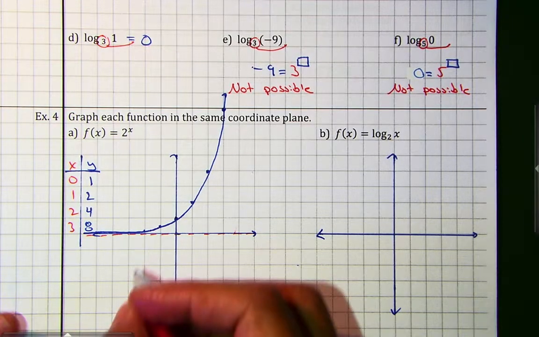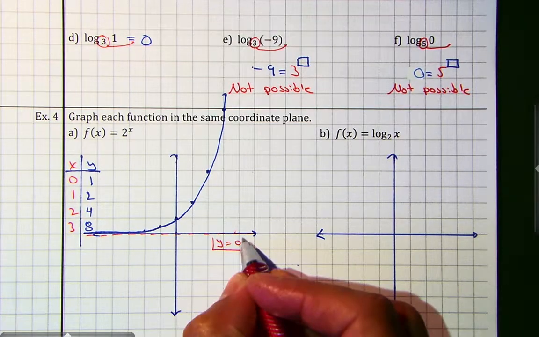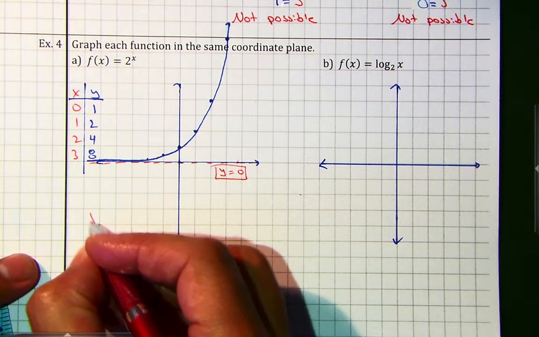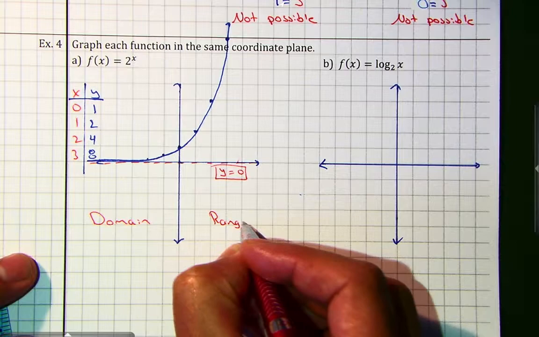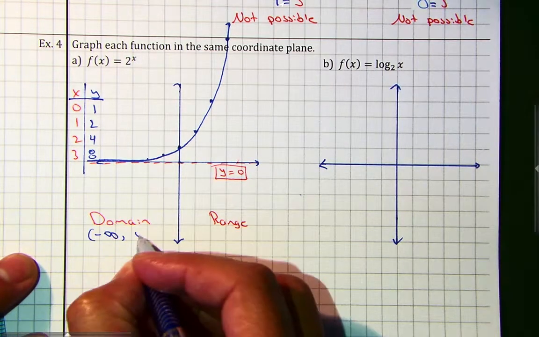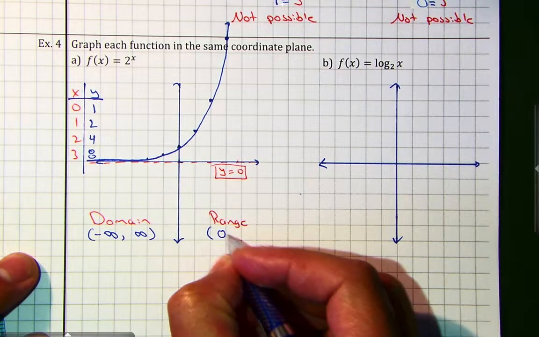Where we know that y equal to 0 for the asymptote, we know that our domain, it's all real numbers from negative infinity to positive infinity, and that your range is from 0 all the way to positive infinity.